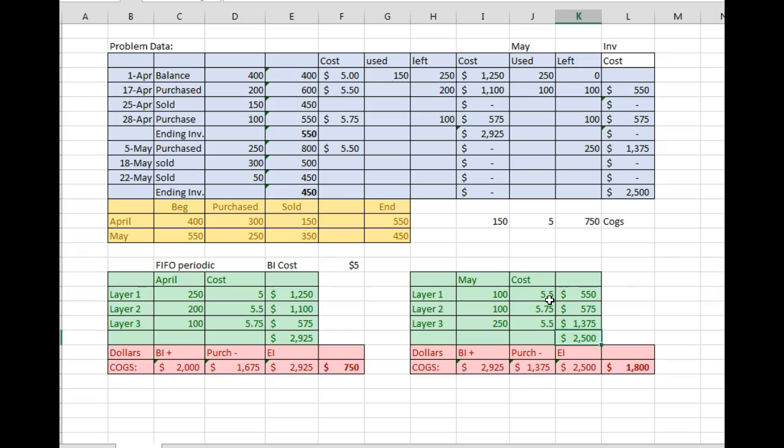The other way I could do that cost of goods sold would be: I had 250 at $5, is that correct? And I had 100, where was I? 100 I used at $5.50. We're going to double check this and make sure our calculations come out right.